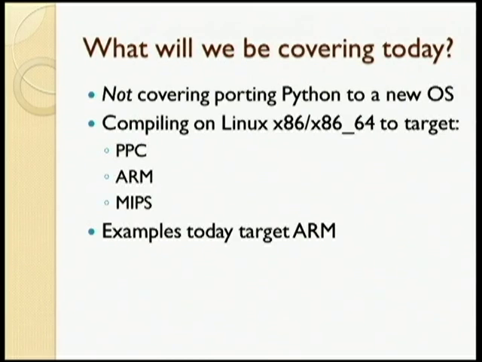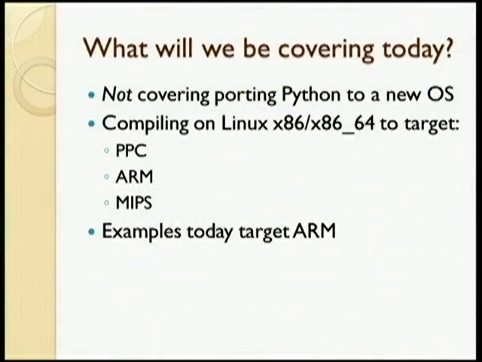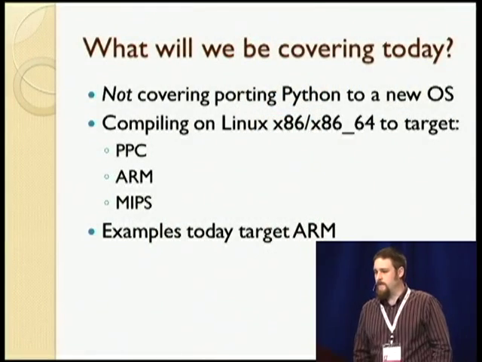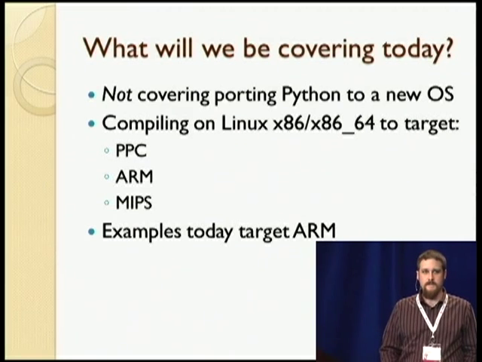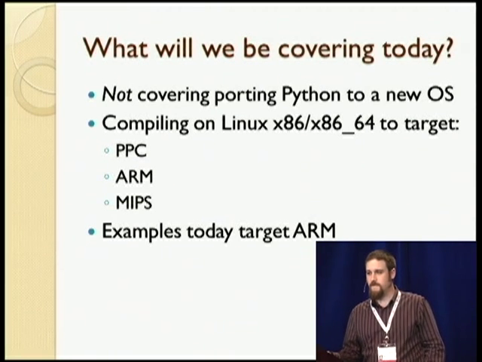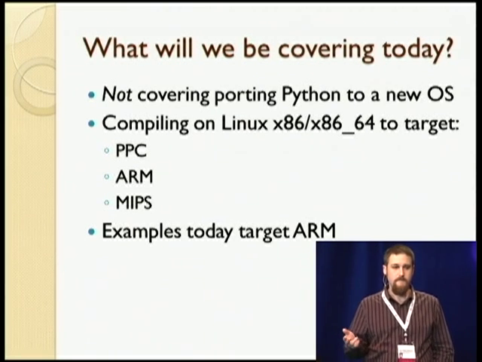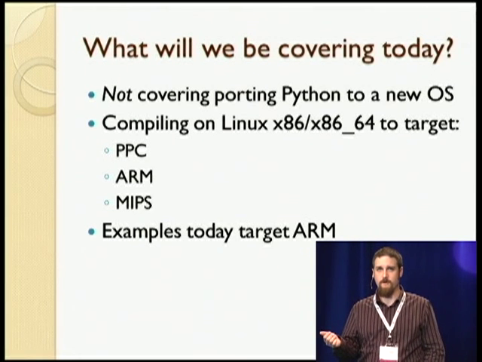I want to say outright that we're not going to be covering porting Python to another OS. That's a longer talk and very specific to whatever OS you're going to be porting to. And it turns out that compiling is pretty useful because it's a prerequisite to porting to another OS.